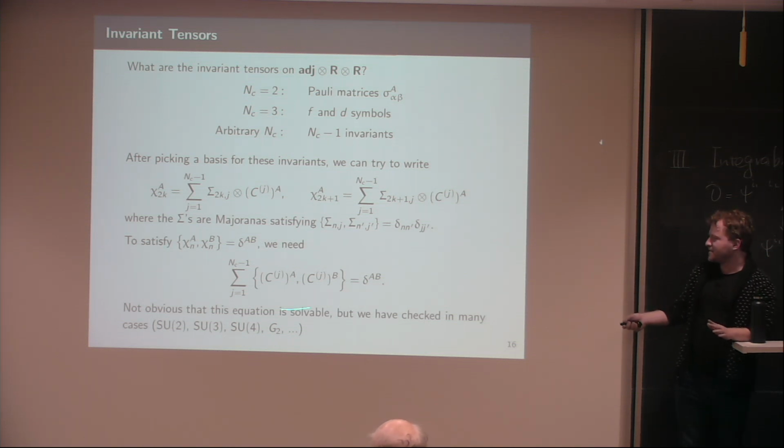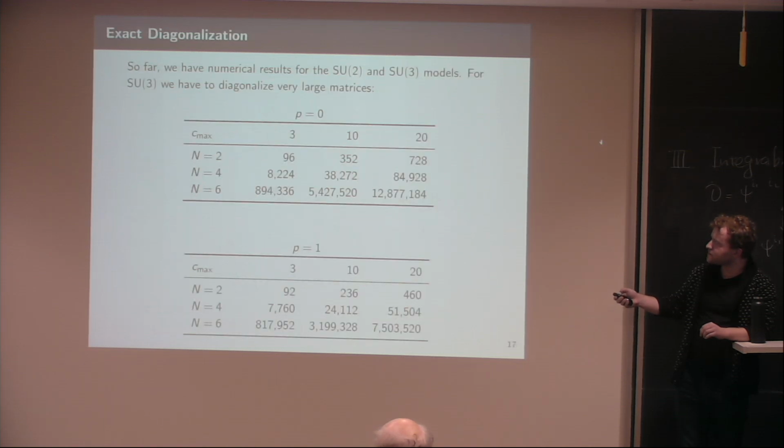But in all the cases we've checked, SU(2), SU(3), SU(4), even G2, and we checked SO(5), miraculously, this condition is satisfiable. So there's something really nice about this ansatz. It seems to give us the answer. It'd be nice to know the deeper group theoretic reason why, but that's an open math question. Anyway, it works, in particular in SU(2) and SU(3), which are the only cases we can do numerics for. So let's just run with it and see what we can do.